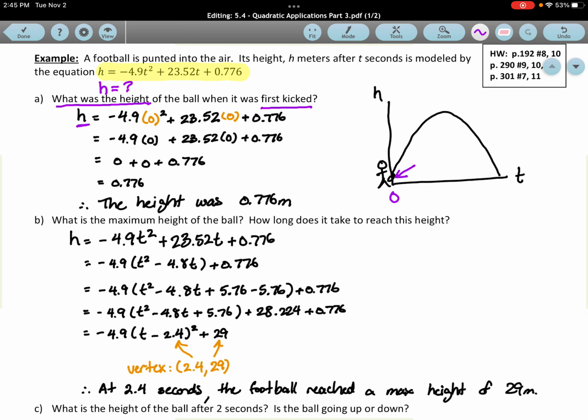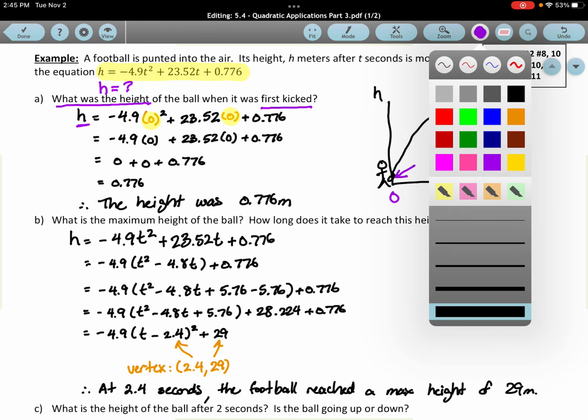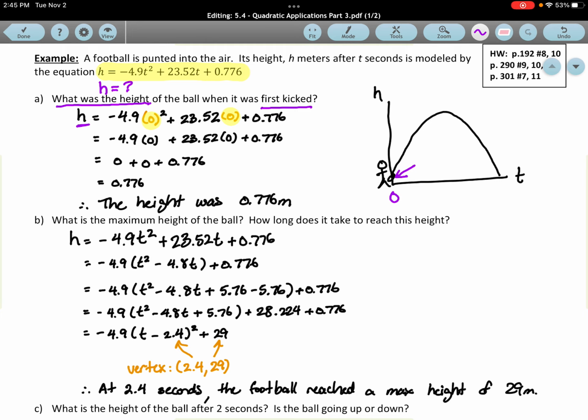Okay, and so notice that I sub 0 into the equation wherever there was a t before, and I start to solve. So we do a little bit of BEDMAS. We go exponents first because we're going to deal with the brackets and the exponents. So 0 squared is going to be 0 right here. And then you know that 0 times anything is just going to make these guys go away. They're just zeros. So really all you're left with is the intercept, the h-intercept, right?